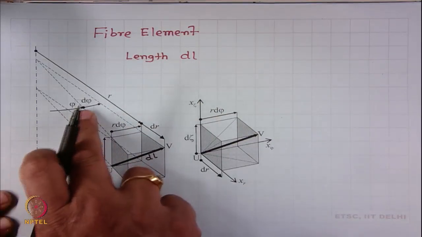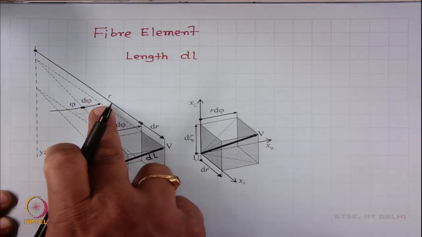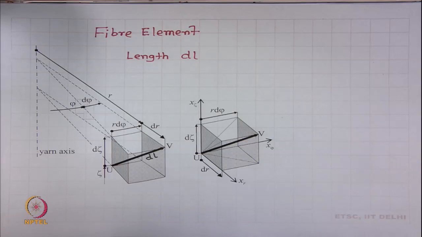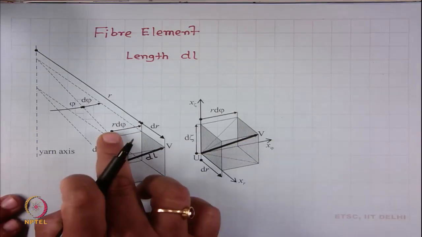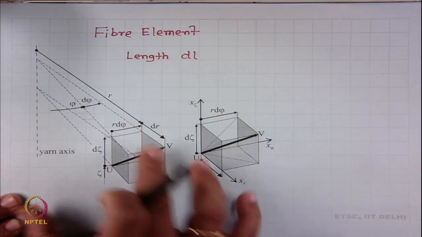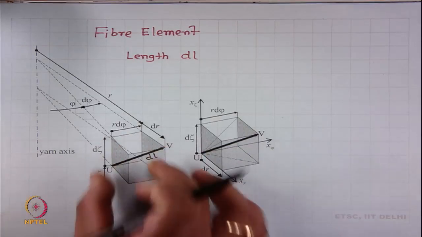Similarly, d phi is the angular increment and dr is the radial increment. So, r multiplied by d phi is the width of this dimension.